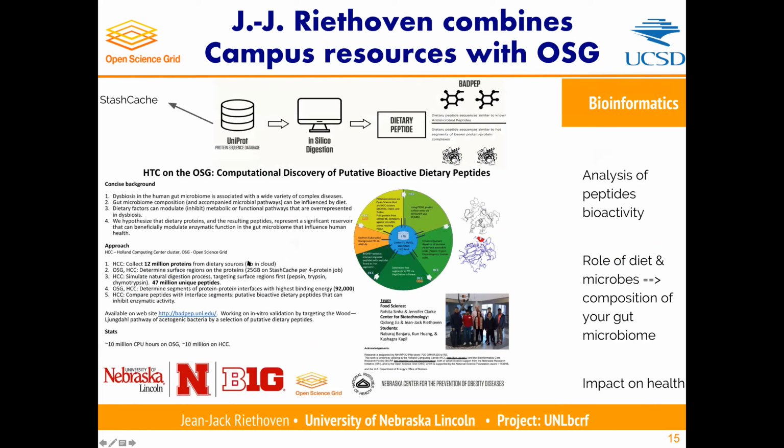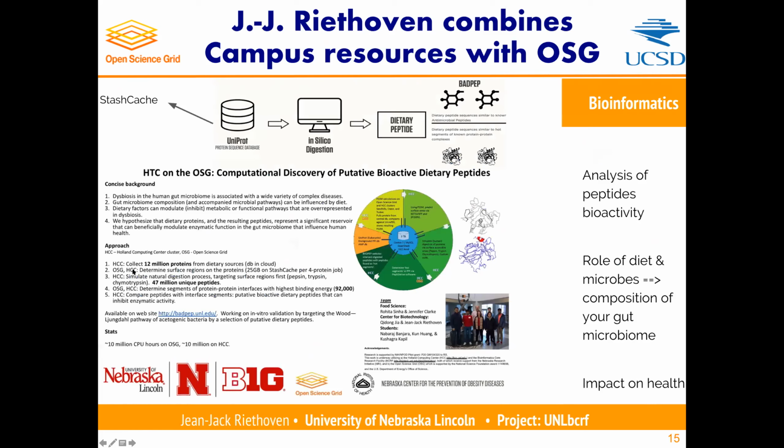He has an initial database that he needs to extract data from, that he does entirely locally. HCC is the Holland Computer Center at University of Nebraska-Lincoln. And so there's a step where he extracts information out of a database that he does locally. Then there's a heavy compute step that uses a data set over and over and over, and that he uses the Data and Compute Federations in OSG for.